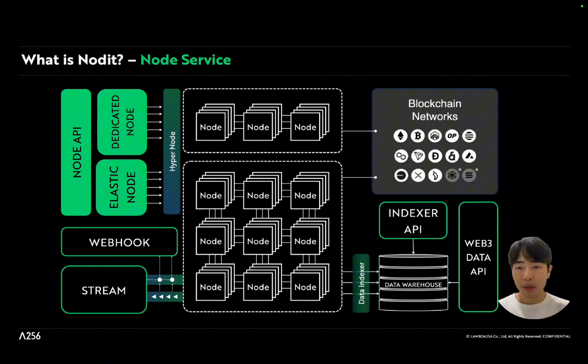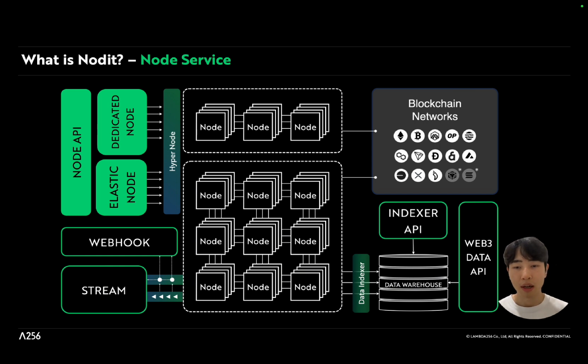The first is the Node API. This gives you direct access to blockchain networks using standard node client APIs. For example, for EVM chains, that means JSON RPC methods like eth_call, eth_getLogs, or eth_getBalance.